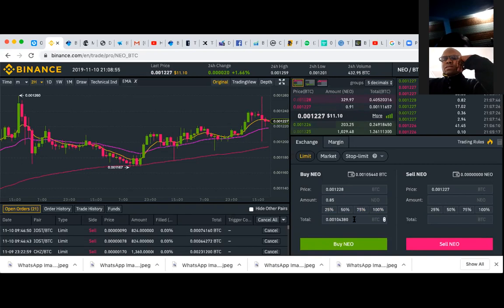Now, sometimes I tell people, it's not compulsory for you to use all these percentages. You have some money and you have placed this price. What do I do? I can come here at the amount. On your phone, you may not see this price, you may not see this amount or total. But the one first on top is the price.